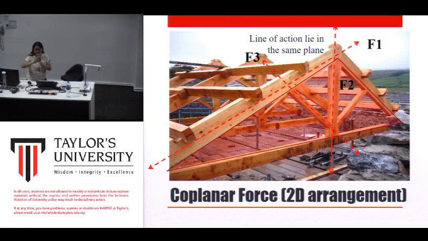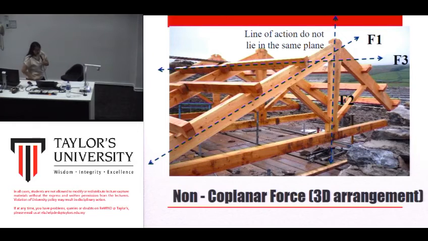It's actually on the same surface, in other words. If you look at this one, lines of action do not lie on the same plane. So you have F1, F2, and F3. They are actually acting on different surfaces. Do you notice that? So I call this a 3D arrangement. So far so good?